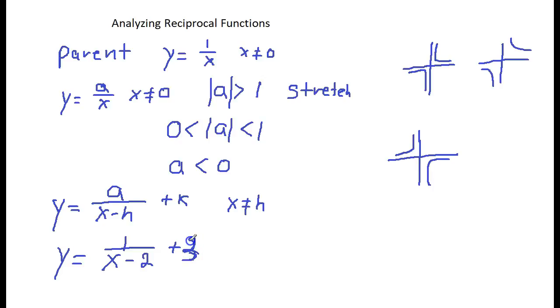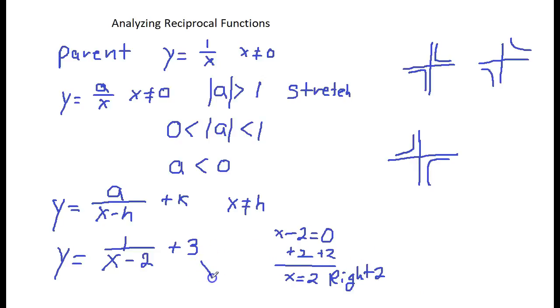For my vertical asymptote, I take my x minus 2, set it equal to 0, and solve for x. So when I add 2 to both sides, I get x equals 2. So what does that mean? That means it shifts to the right 2 units, at positive 2. So right 2.